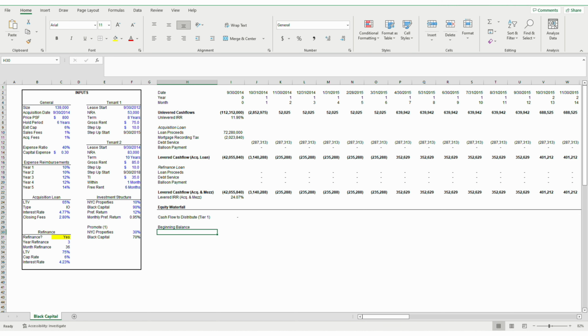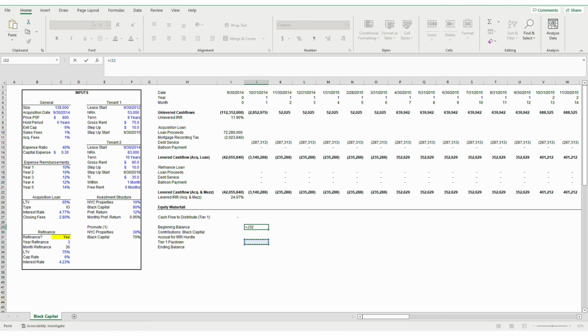Building out the structure for the waterfall here, I chose to build this waterfall from the perspective of Black Capital. Our beginning balance is the last month's balance.